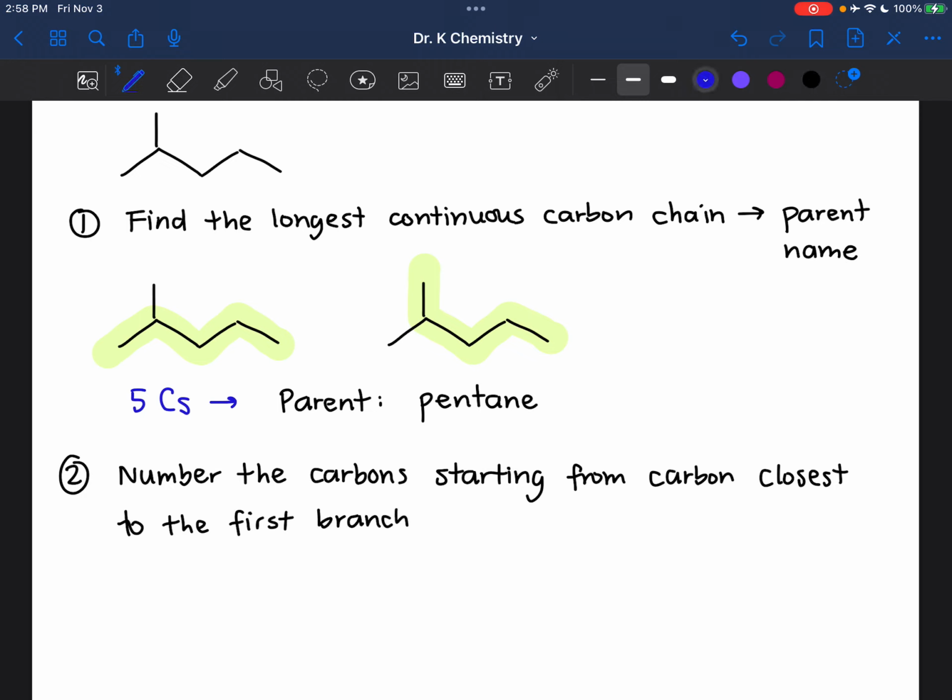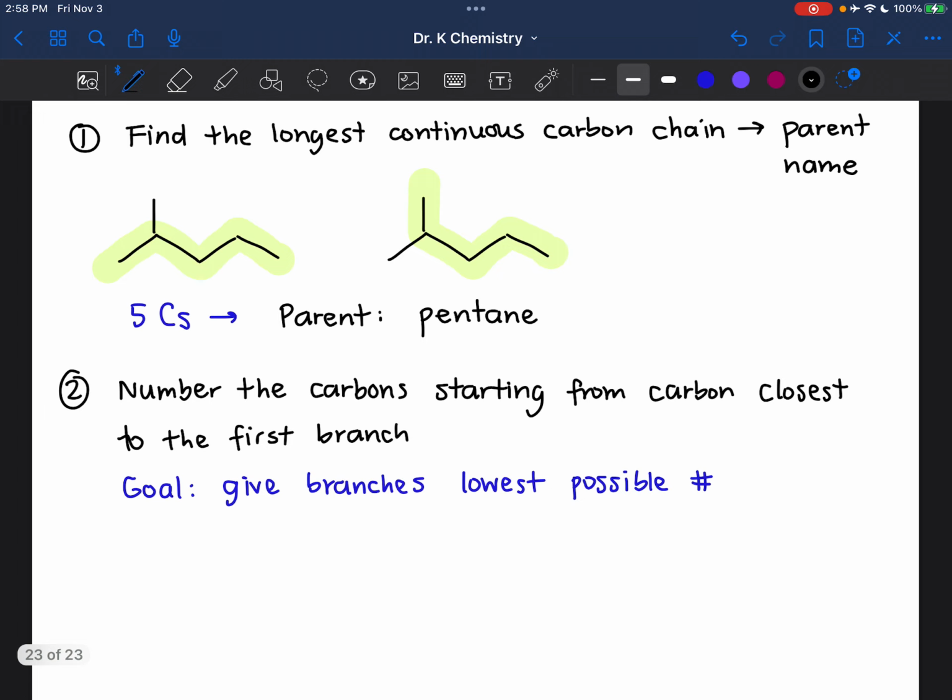And really what this is saying is that our ultimate goal is to give the branches the lowest possible number. And I do want to remind you and emphasize that here I'm using the term branch and the term substituent interchangeably because they really mean the same thing. So when I say substituent or branch, I'm referring to this little carbon that's sticking off of that main parent chain.